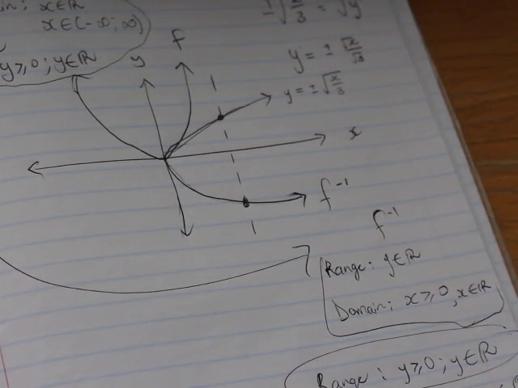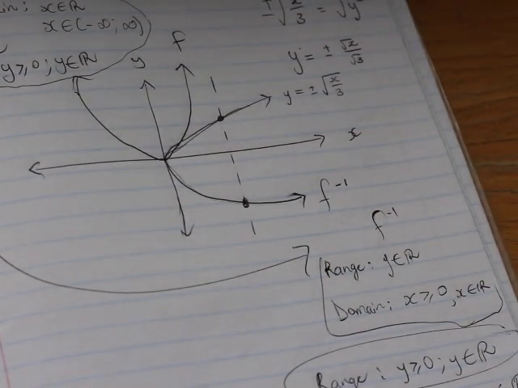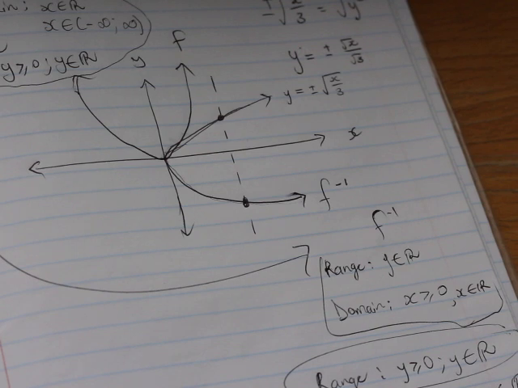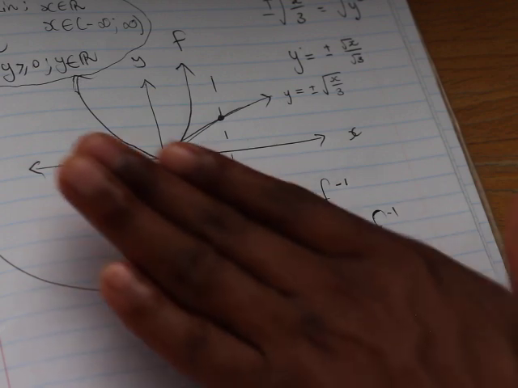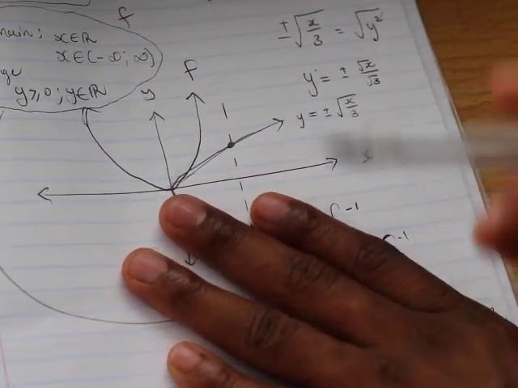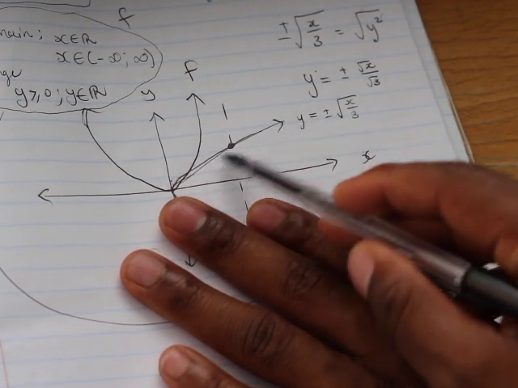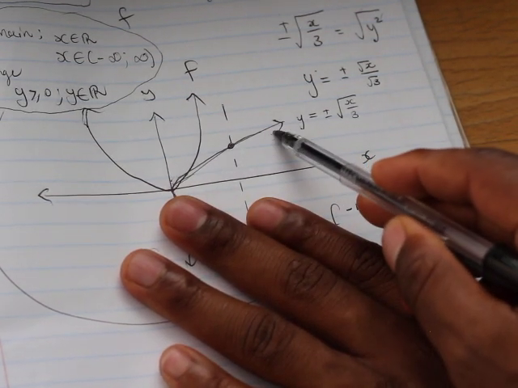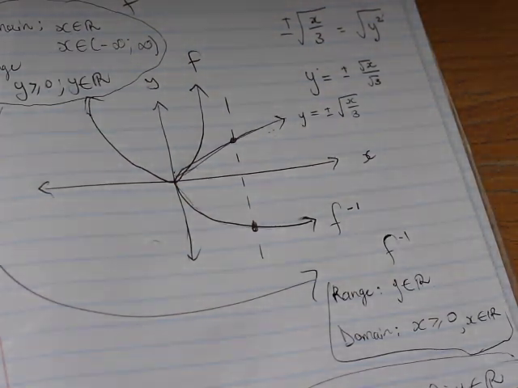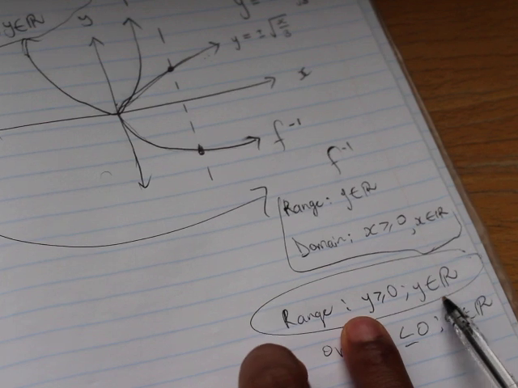So if we're only dealing with one branch, then we know for sure the vertical line is going to cut it once. In other words, let's forget about this one and restrict our mapping only to this branch by saying y must be greater or equal to 0, where y is an element of real numbers.